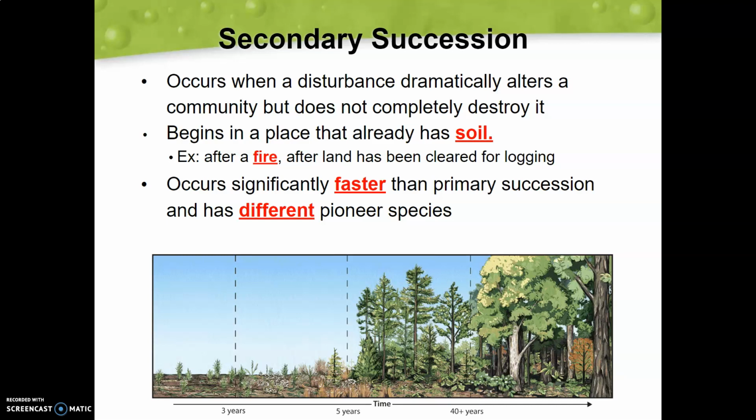It's going to have different types of pioneer species depending on where this environment is located. Okay, so you can look at the timeline and see how after a short amount of time those simple plants start showing up, having established over a shorter amount of time. And those different pioneer species can be weeds or grasses.